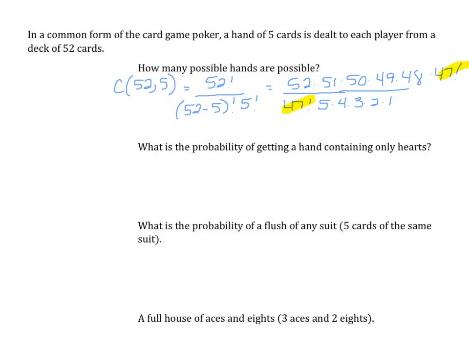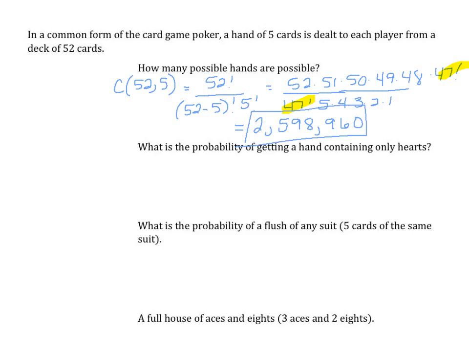So if I were to multiply 52 times 51 times 50 times 49 times 48 and divide it by whatever 5 times 4 times 3 times 2 times 1 is, and you can use your calculator to multiply and divide, you will see that there are 2,598,960 ways in which we can be dealt 5 cards, which is a ton if anybody plays poker. That's a lot of different options to be given.